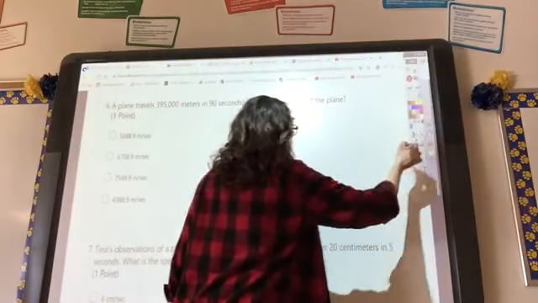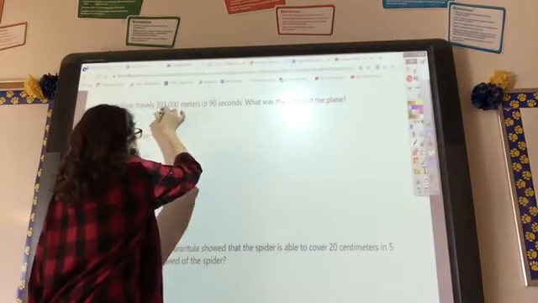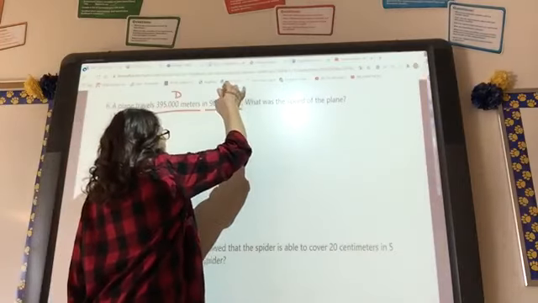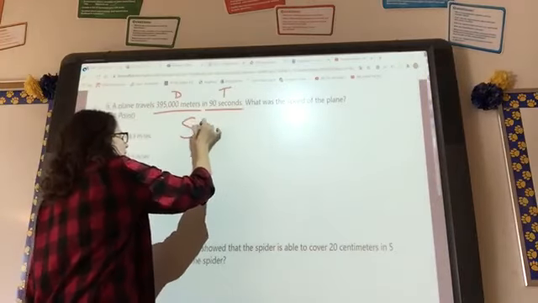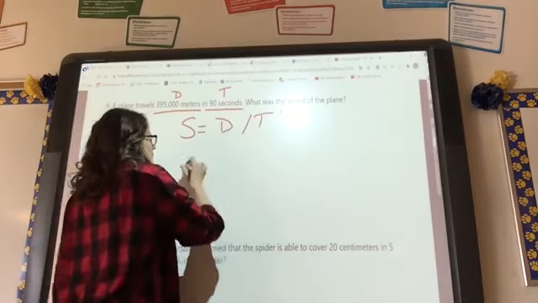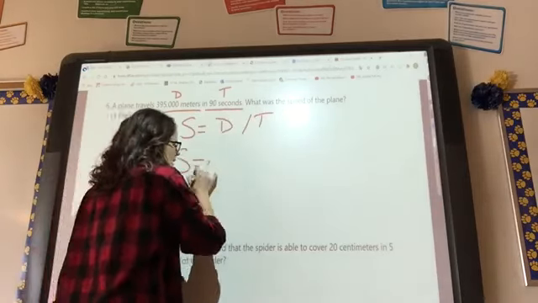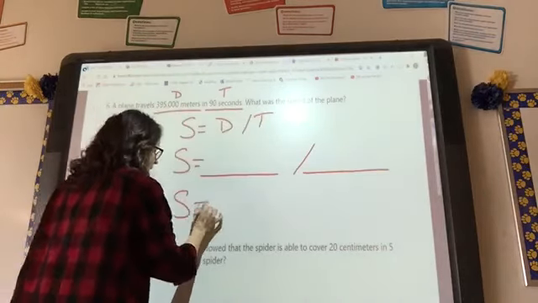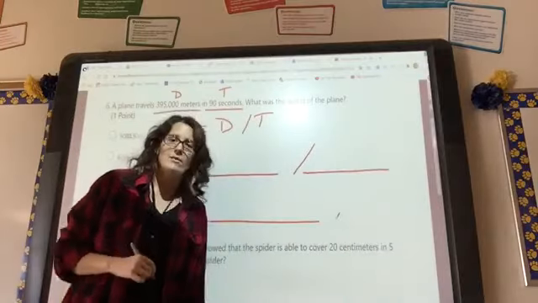Get back over here, you. Our distance is 395,000 meters. Our time is 90 seconds. Speed equals distance divided by time. So there's speed, spot for our distance, spot for our time, spot for our answer. Okay?